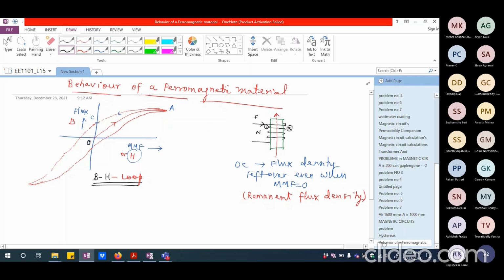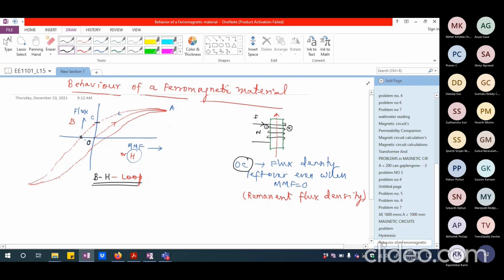So at the point where I make the current zero, still there is some flux density remaining, which is known as OC, the remnant flux density, given by this ordinate OC here.